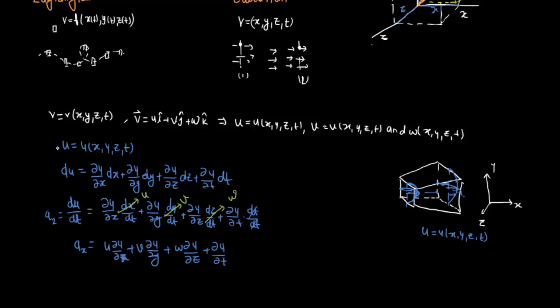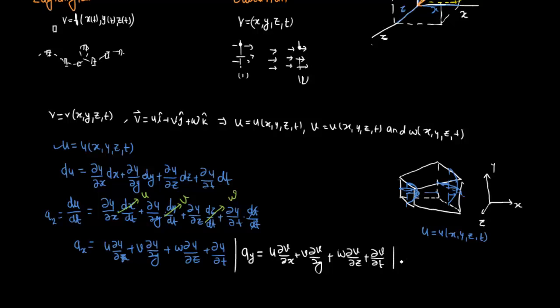Okay, as we defined, u is a function of space and time. So this is representing the acceleration in x direction. Similarly, we can write the acceleration in y and z direction. Acceleration in y direction becomes u del v by del x, plus v del v by del y, plus w del v by del z, plus del v by del t.